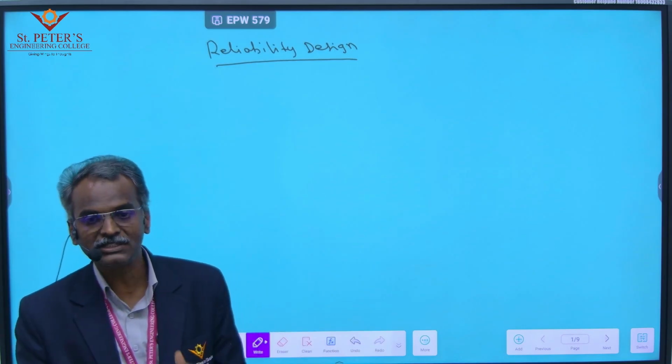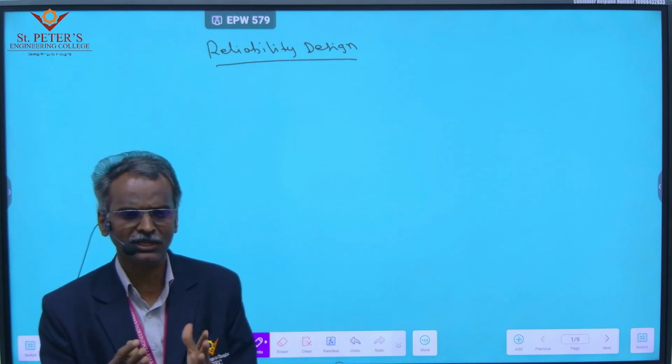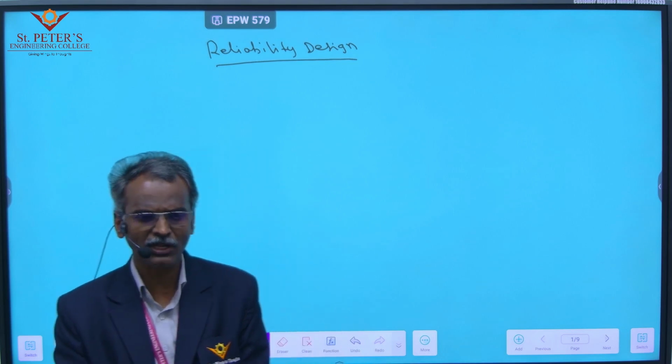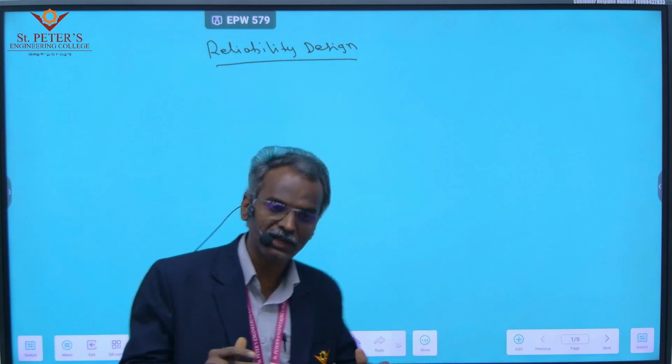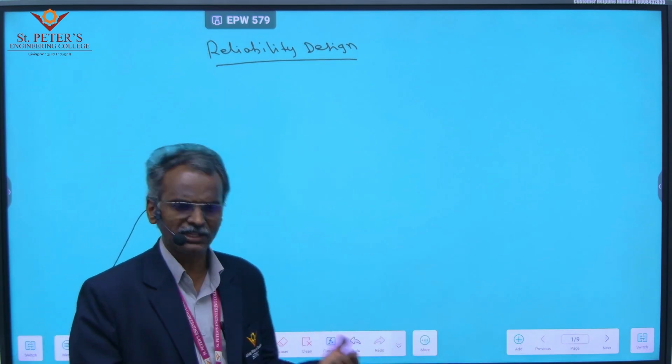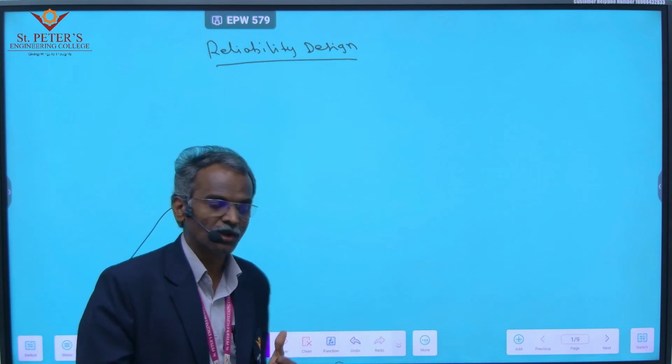The overall idea of this topic is to ensure that the system that we design, or the system that we depend upon, should not disappoint and fail at any point of time. That is the crux of this topic. So with this we will go to the topic.